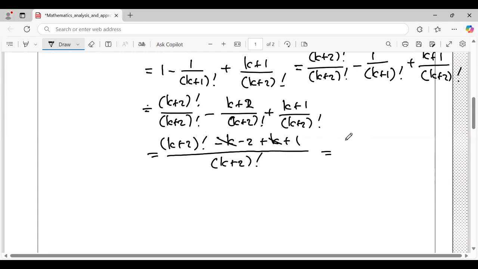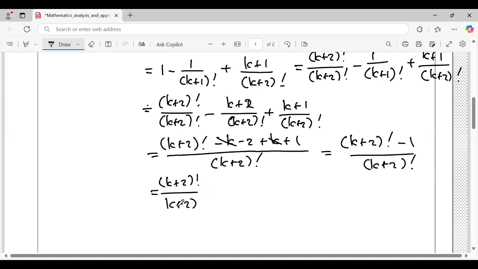So (k plus 2) factorial minus 1 over (k plus 2) factorial. So it becomes (k plus 2) factorial over (k plus 2) factorial minus 1 over (k plus 2) factorial, or 1 minus 1 over (k plus 2) factorial.